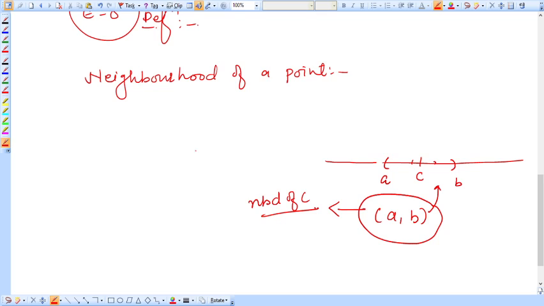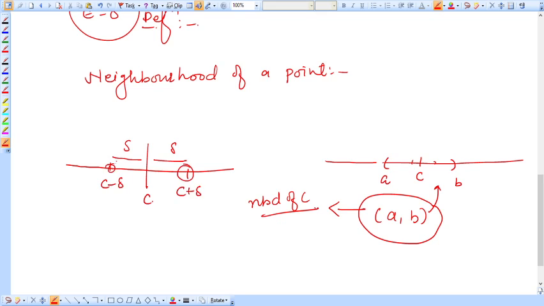Also, we are going to be very precise about the neighborhood. Now I don't want to keep this A and B, and I just want to talk in terms of distances. If this point is C and the distance from here to here is delta, and here to here is also delta, then this point could be called C minus delta, and this point could be called C plus delta.